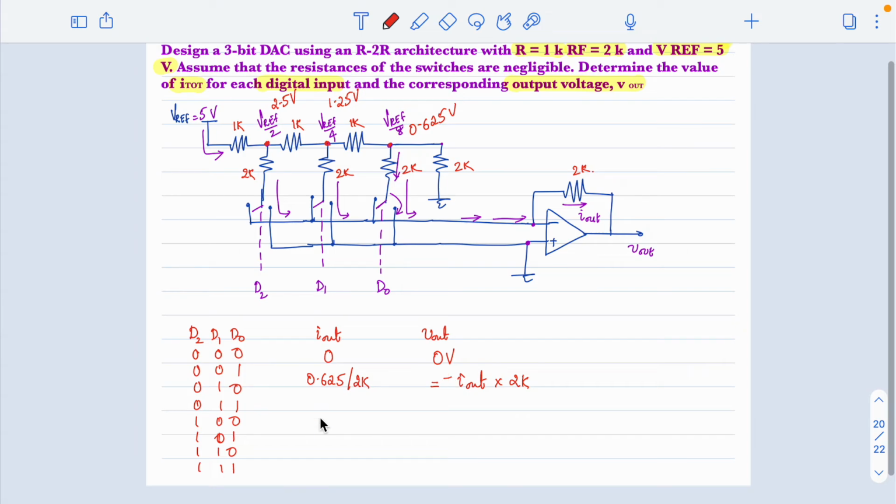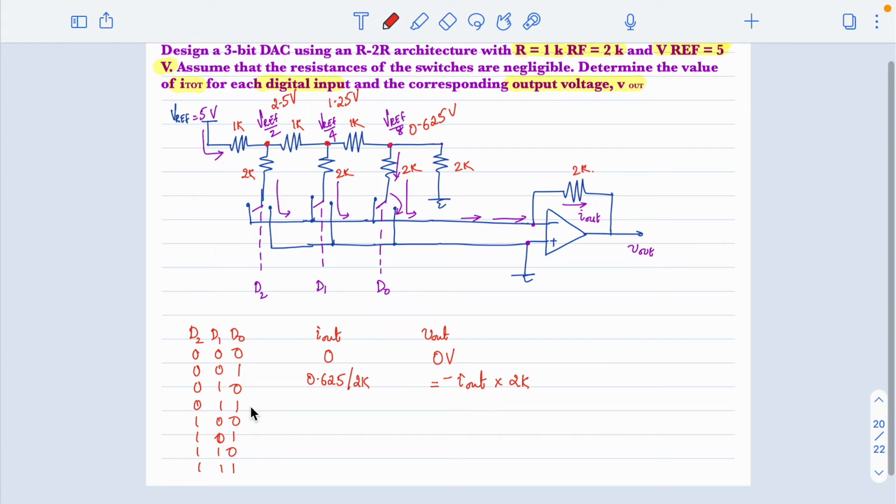So similarly you can find the rest of the things. If you are getting the values, please do let me know for every input data. So for the next one, and one more for 100, the rest of the things will be easy. You can add the currents for the corresponding bits, and thereby write the final output value.